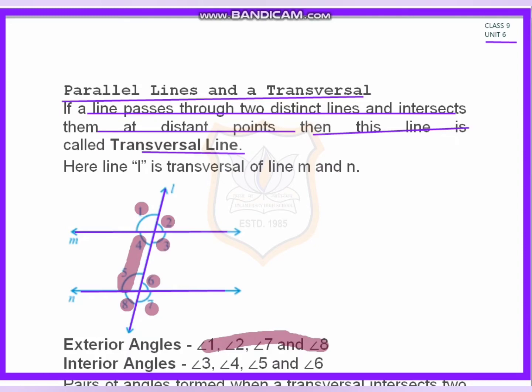Why exterior? This is on the exterior side, this is on the exterior side, and 8 is also exterior and 7 is also exterior. The interior angles, which are on the interior side, are 3, 4, 5, 6. These are the 4 interior angles.